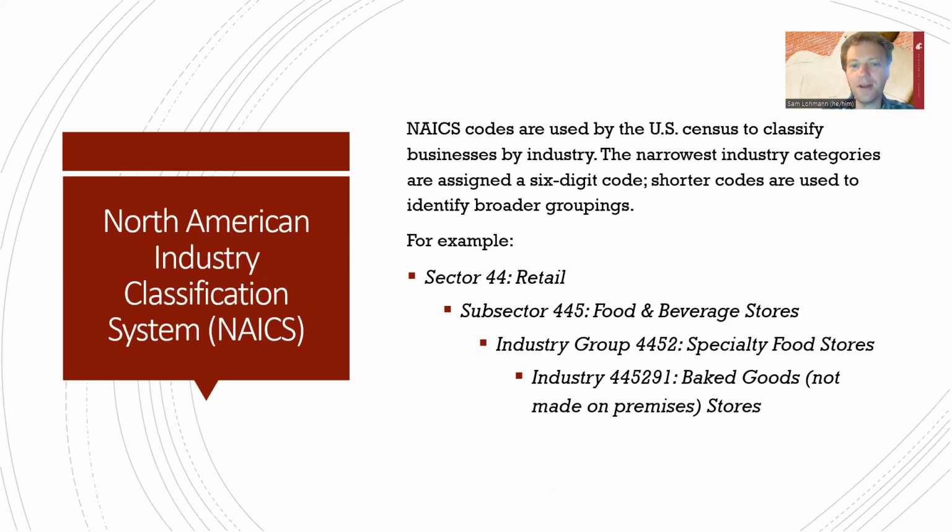So, for example, they have sector 44 for all retail industries. And within that sector, subsector 445 for food and beverage stores. And then within that, they've got industry group 4452, specialty food stores, and then a 6-digit code specifically for baked goods stores where the baked goods are not made on the premises. And as that implies, they have a completely different code for bakeries that actually produce the baked goods, which you could find on the NAICS site as well.